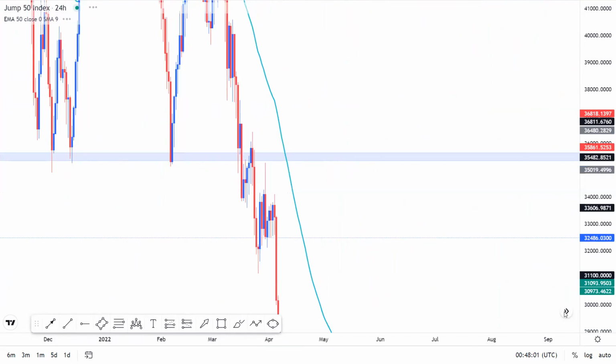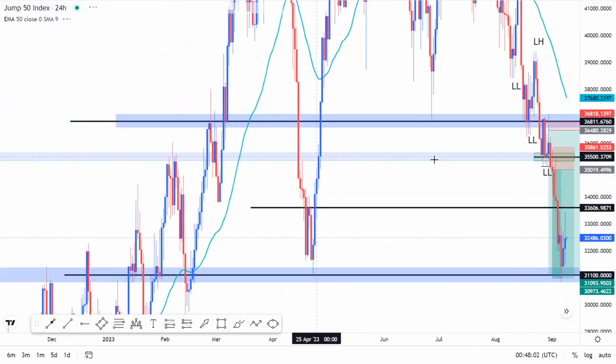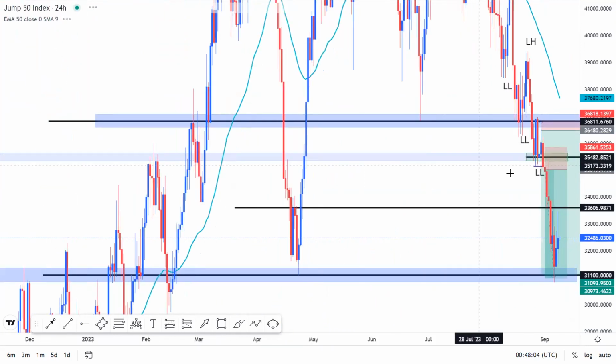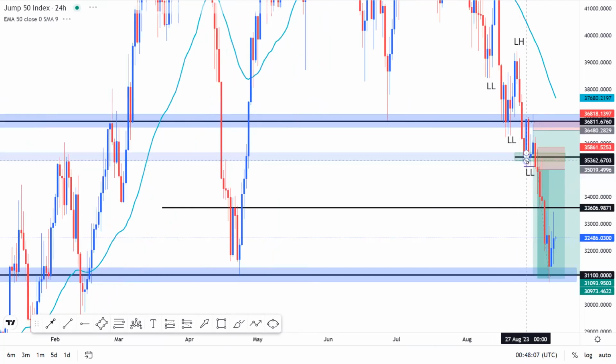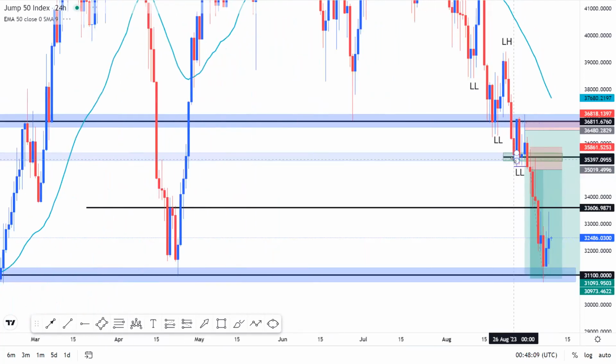And that explains the very reason why as soon as we came into the level right about here, we had to pause and then range for 4 days before eventually having a break of the level.